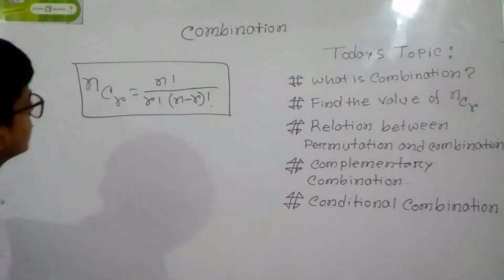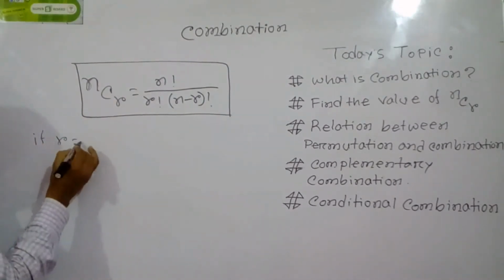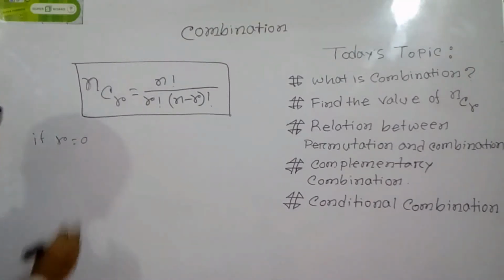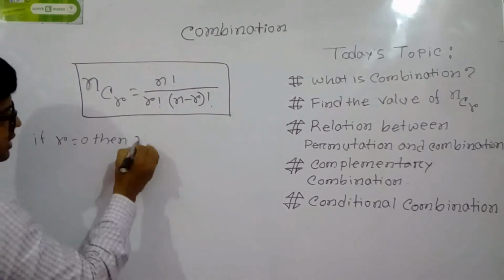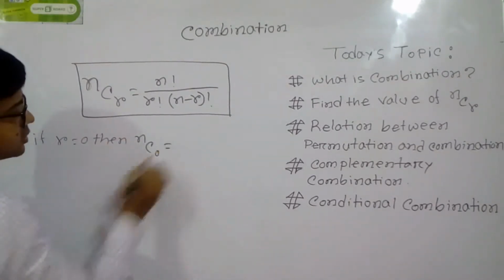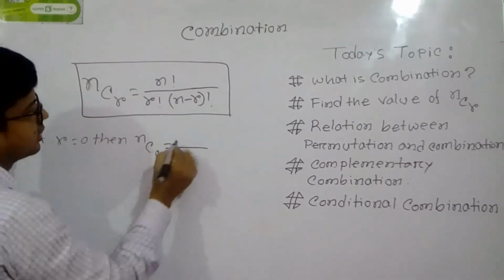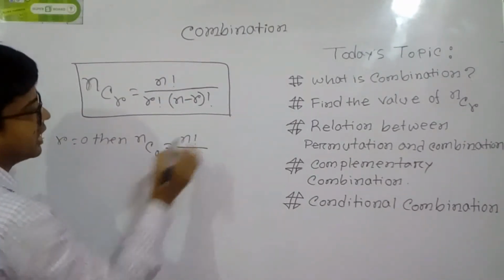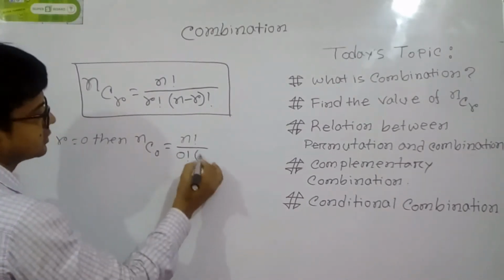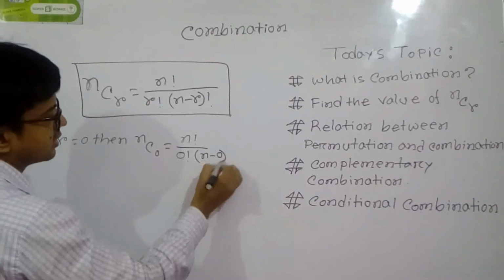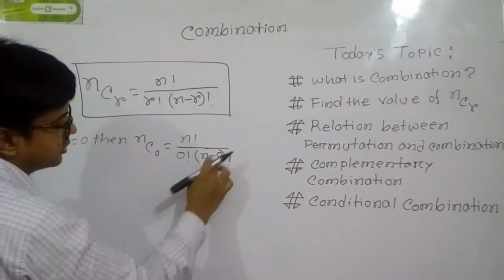Now if we put r equals 0, then nC0 equals factorial n divided by factorial 0 times factorial n minus 0.